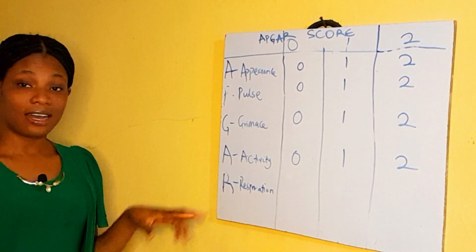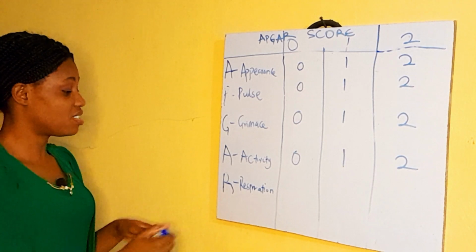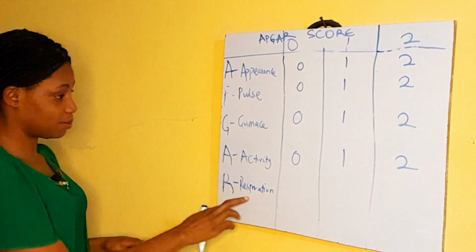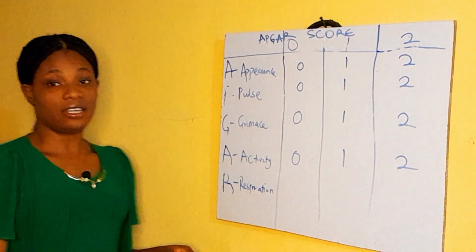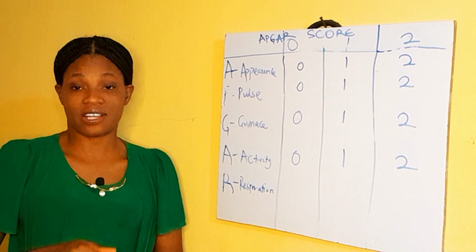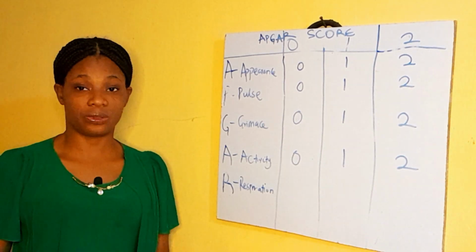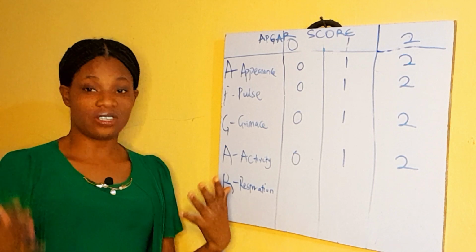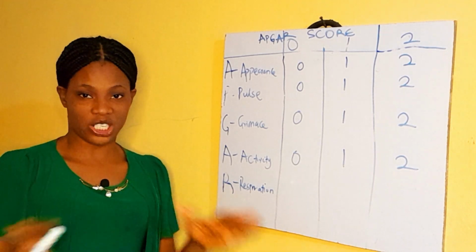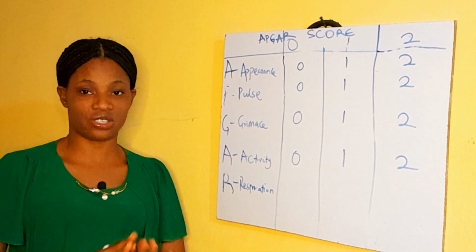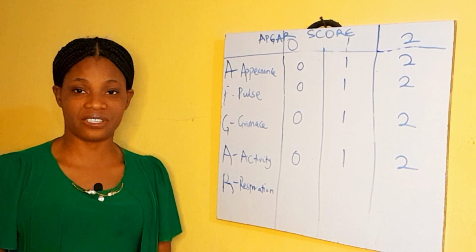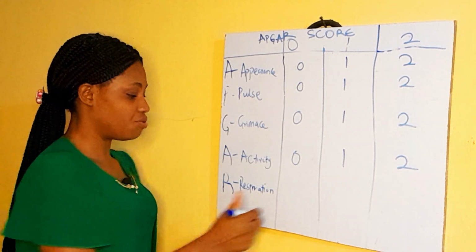The letter R represents respiration. If the child comes out and you assess the child and you notice that there is no respiration at all, the child is not breathing, no breathing activity, you score the child 0.